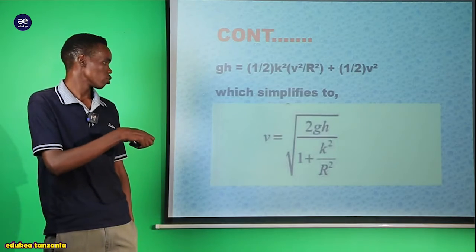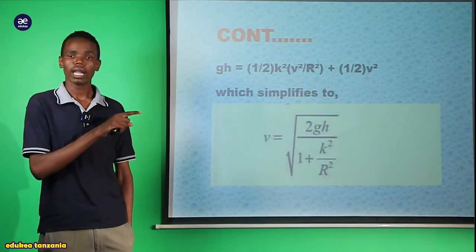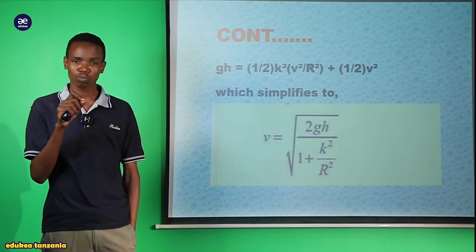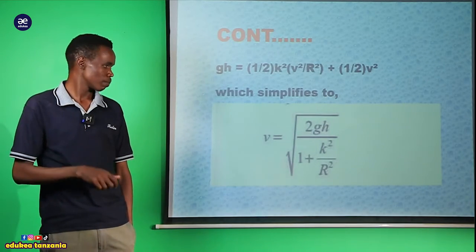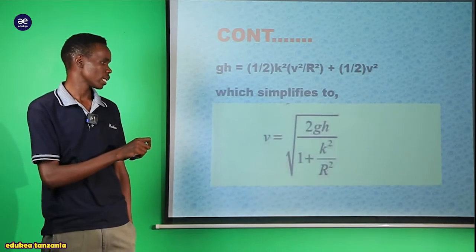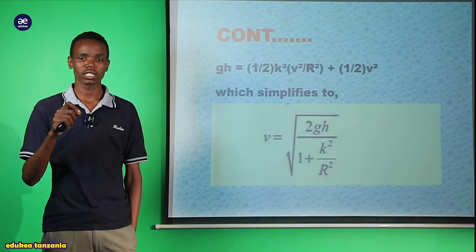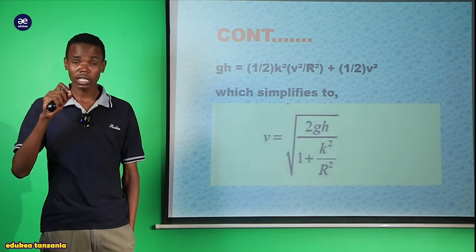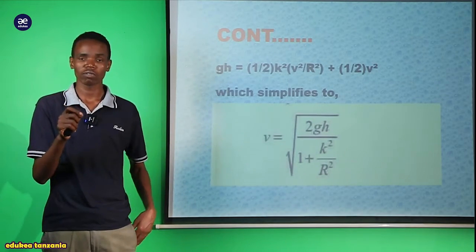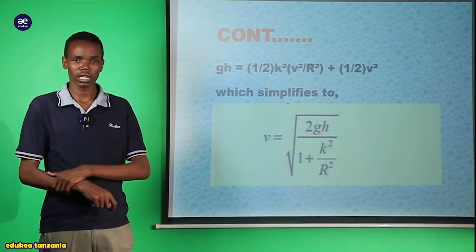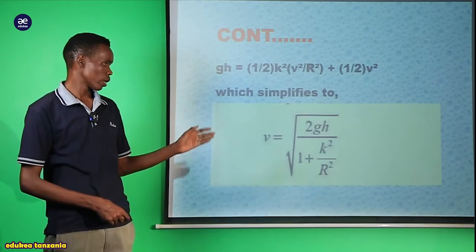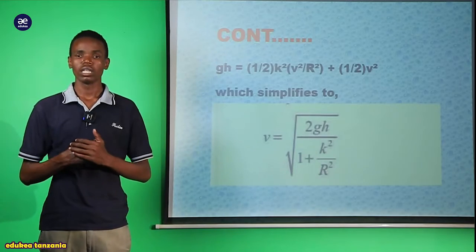Kushamfact out yule velocity wetu atakuwa ni sawa na radical of 2gh, then we divide by 1 plus k square divided by r square, where k represents the radius of gyration, while r represents the radius of the solid or the radius of the rigid body, while this g is the acceleration due to gravity, lakini h anarepresent the height of the inclined plane from the bottom up to the top.